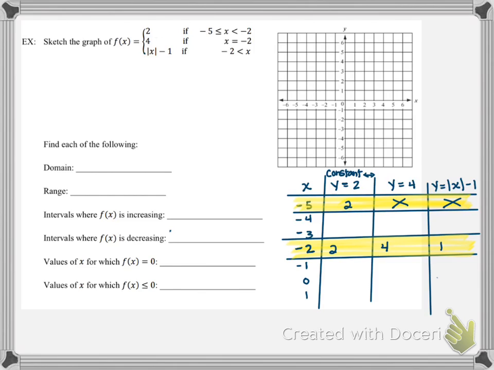So this first one at -5, 2, is that going to be open or closed? Finn, what do you think? The point here at -5, 2, is it going to be open or closed? I think we want to look at the inequality between x and -5.